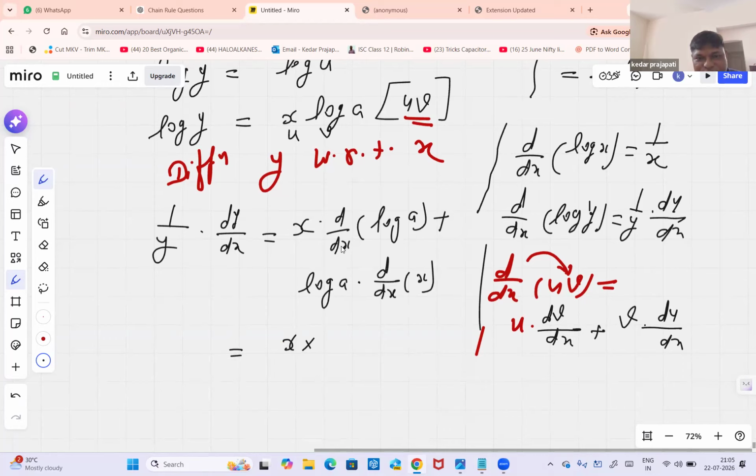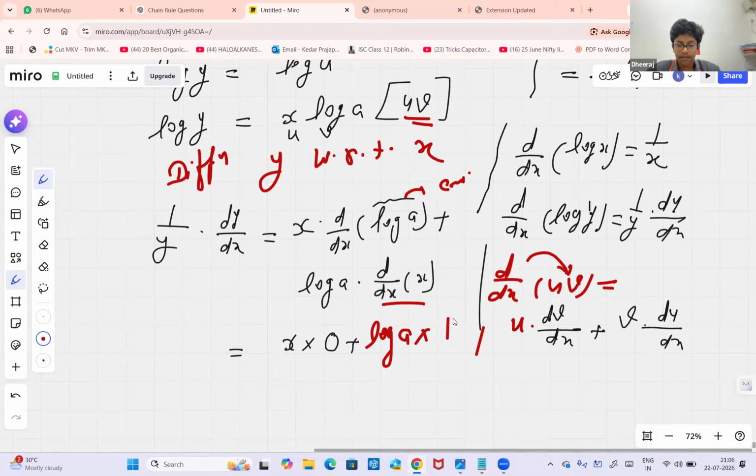Can log a change with x? No, right? This is constant. So this will become 0. This is constant. Only a variable can be differentiated. Now this is log a into d by dx of x. How much will be coming, sir? 1. So now we know 1 by y dy by dx.